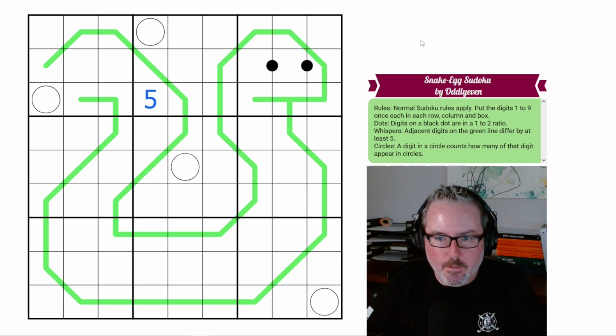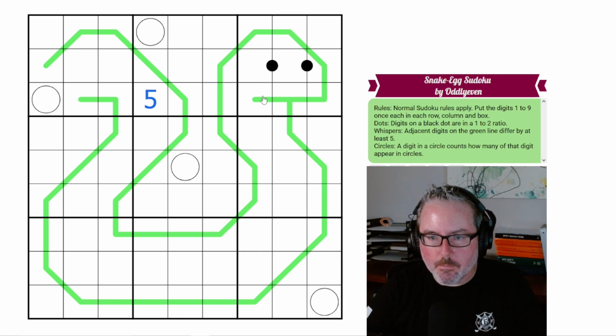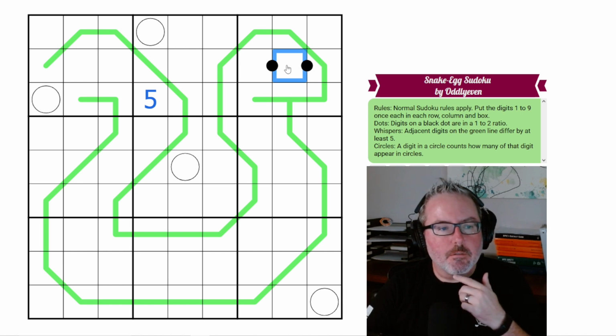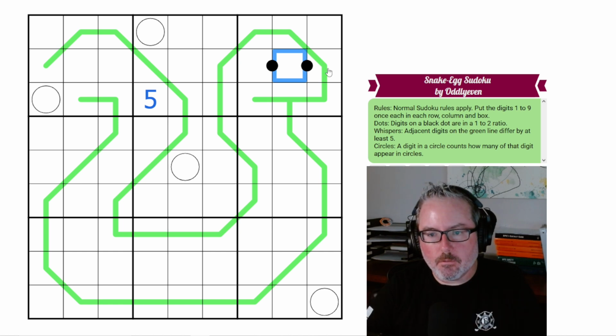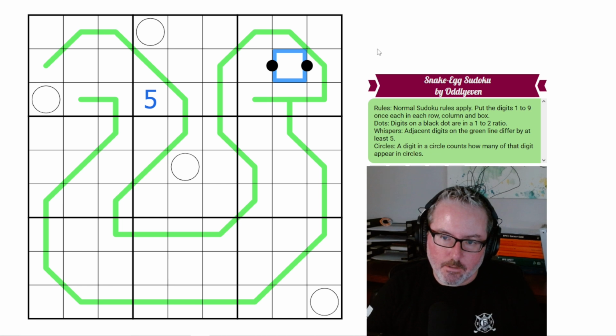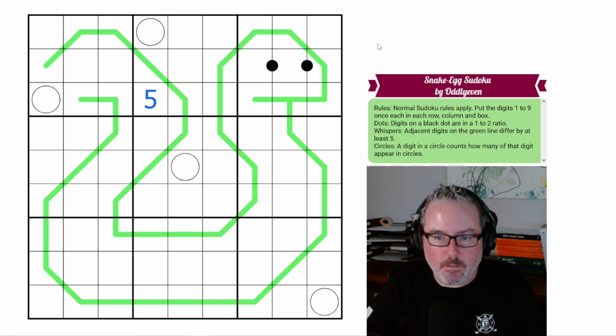Now, can we use that? We can, and we could have used something very similar on this one without even having this 5 here. Another place we can't ever put a 5 is on a black Kropki dot, because if you put a 5, you have to put either a 2.5 or a 10 on the other side of that black Kropki dot, which obviously doesn't ever work.